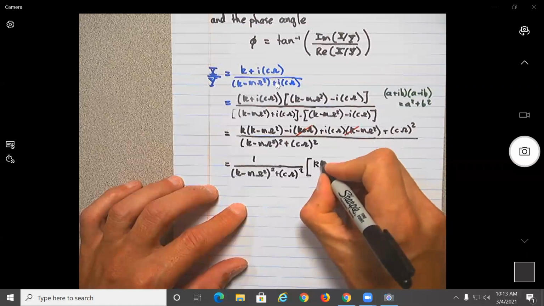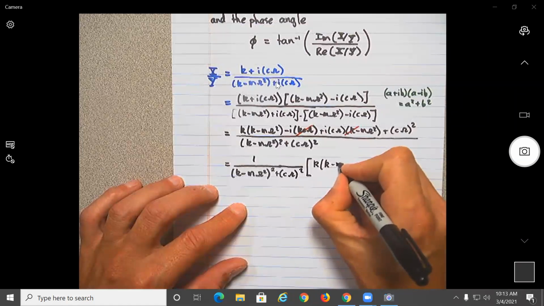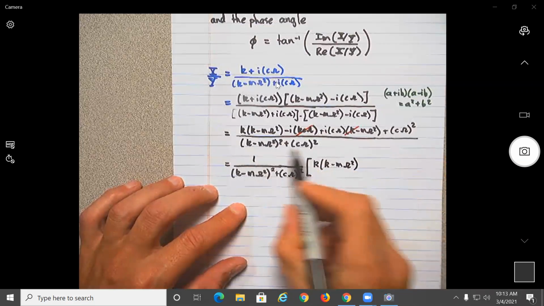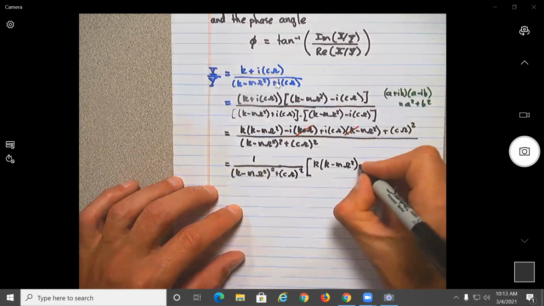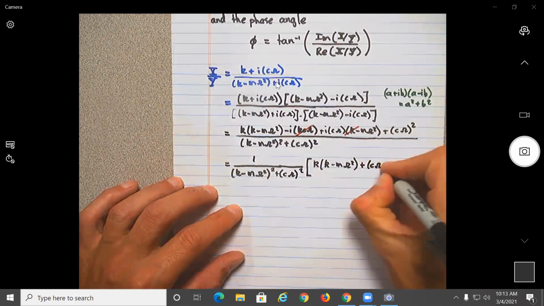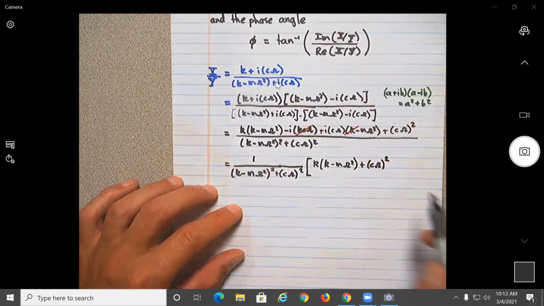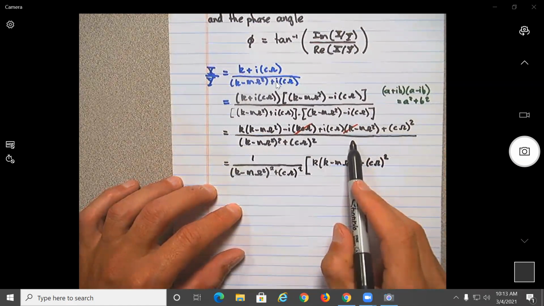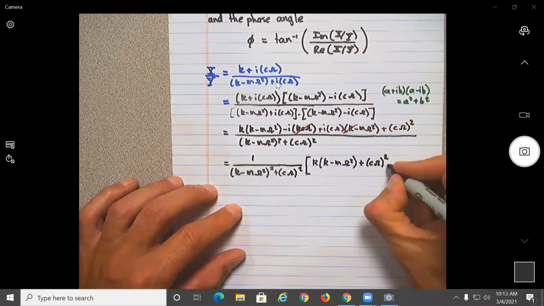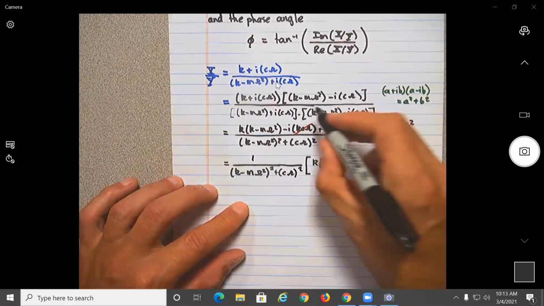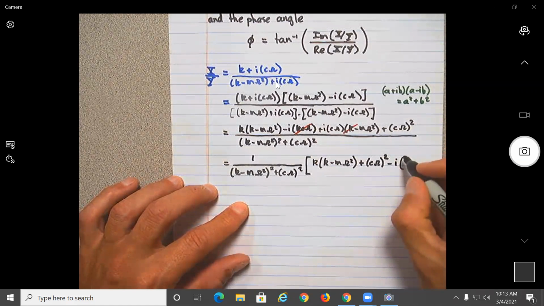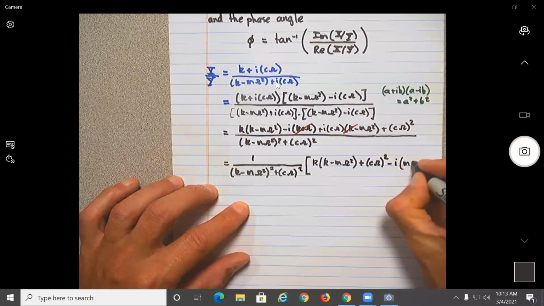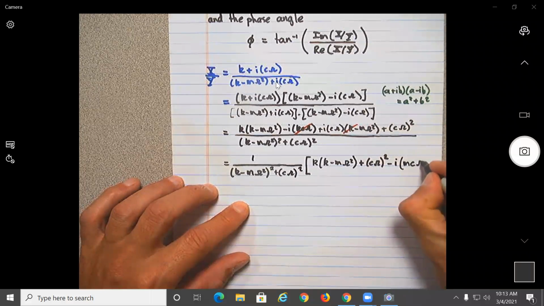On top, we are left with what? K minus m capital omega plus c omega, minus I of the second term over here, which would be m c capital omega cube.